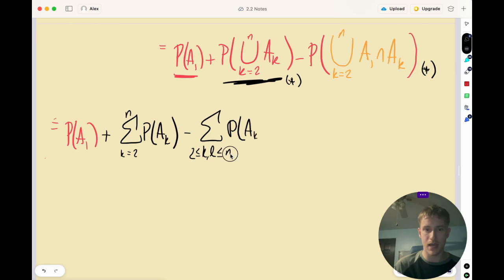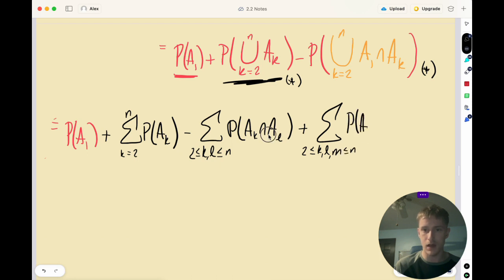Probability of A sub k intersect with A sub l. Plus, we're going to have the triple intersection. We'll do k, l, m. Probability of A_k intersect A_l intersect A_m. Minus, and so on and so forth.